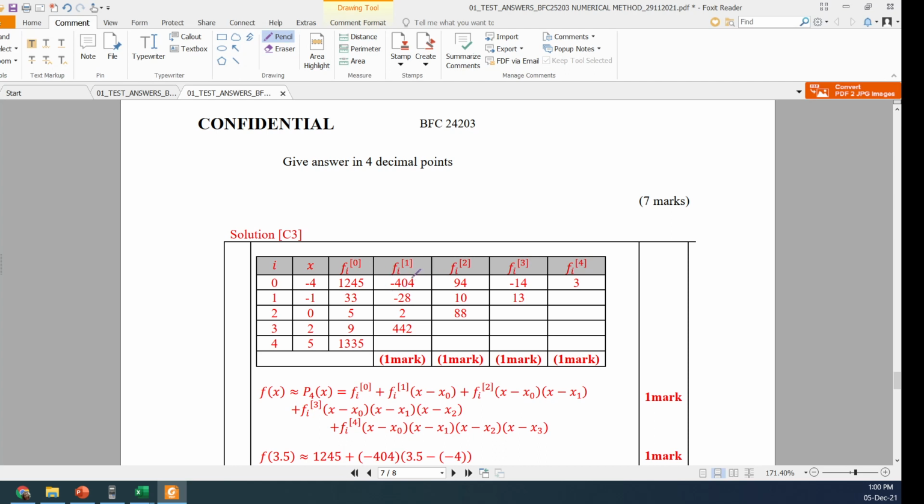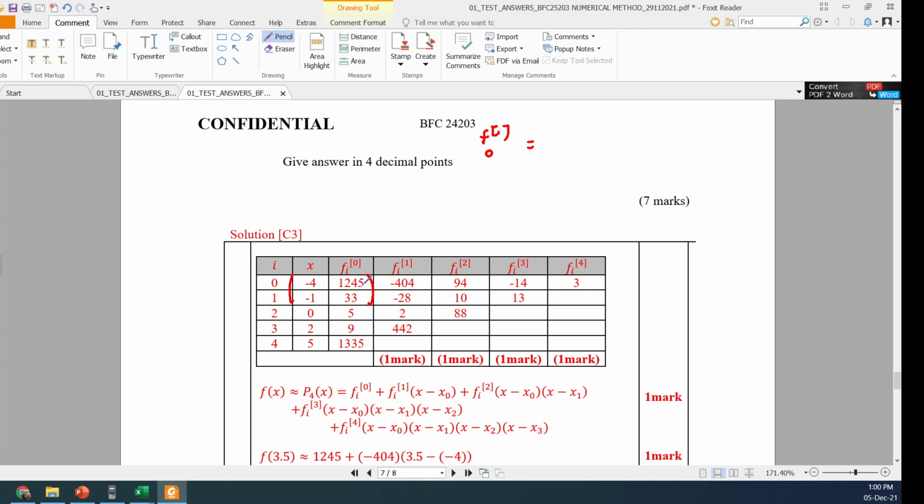So this cell is F01, the first value. Actually it's like you calculate the gradient.